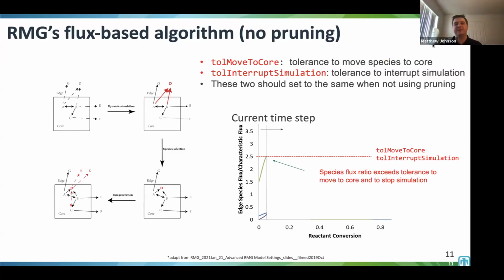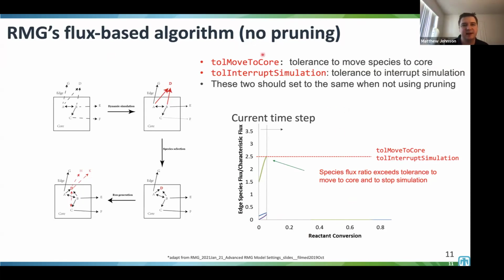Before we get into pruning, how RMG usually operates is according to this graph. The y-axis here is the flux ratio: the flux to an edge species divided by the characteristic flux. Each of these lines represents a different edge species that we're tracking the flux of, and this conversion is broadly the progress in the RMG run.